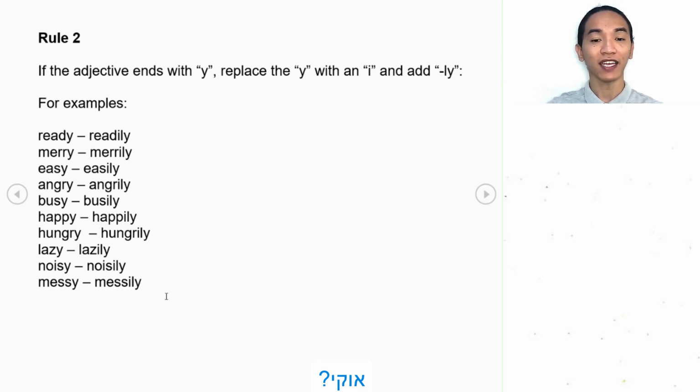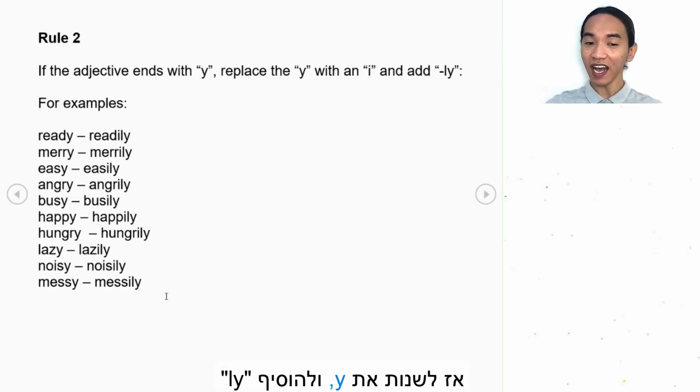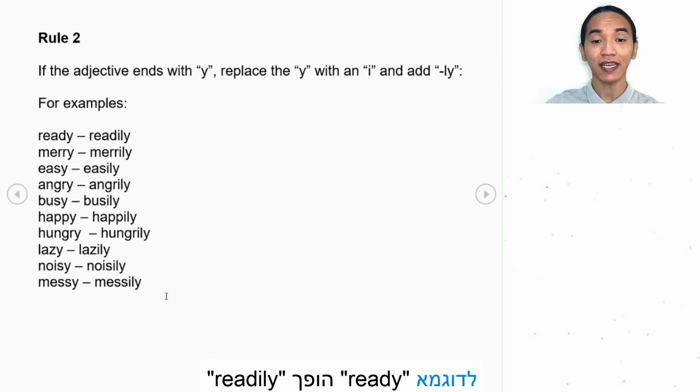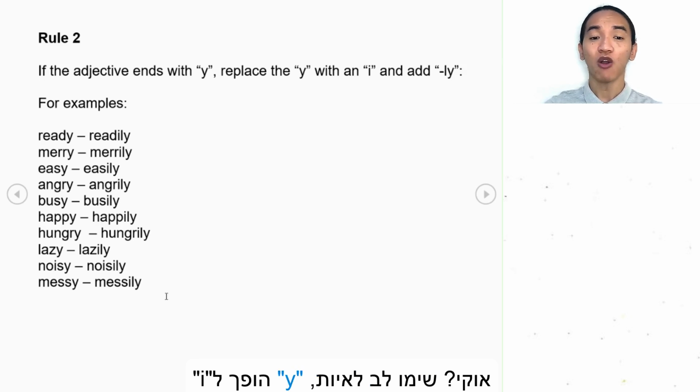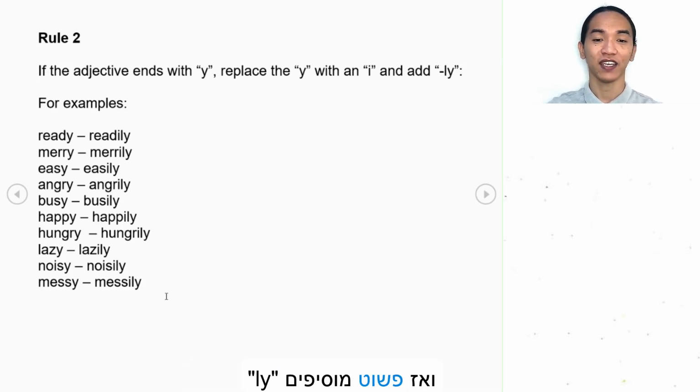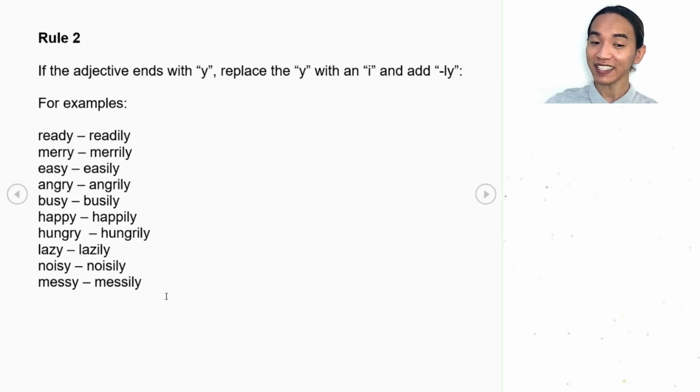So change y to i and then add ly. For example, ready becomes readily. Okay, pay attention to the spelling. The y becomes i, and then you add ly. Next, merry, merrily; easy, easily; angry, angrily; busy, busily; and the other examples here.